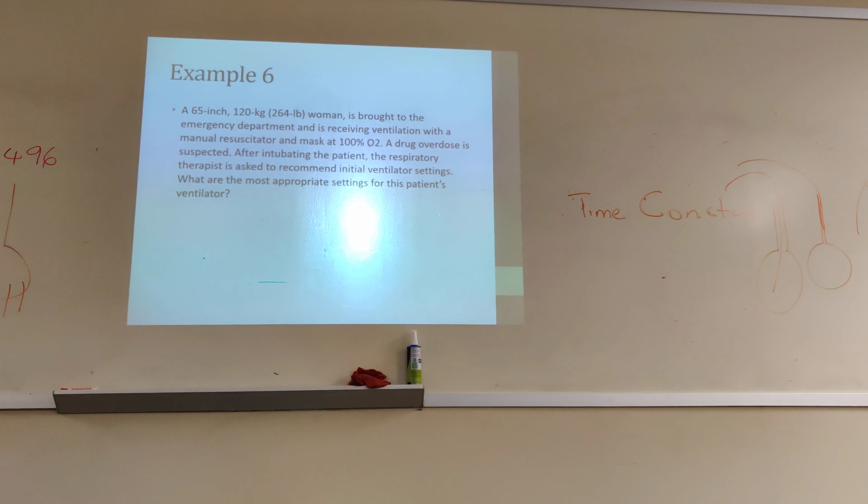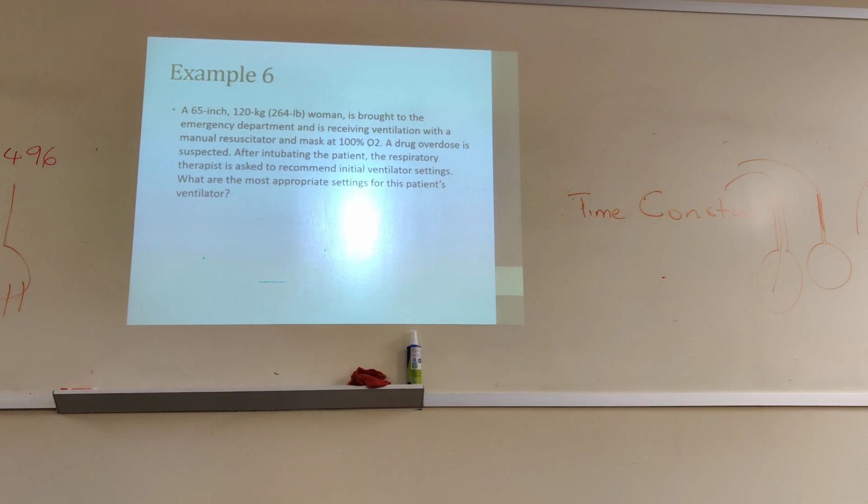Number 6, a 65-inch 120 kg woman is brought to the emergency department and is receiving ventilation with manual resuscitator and mask at 100%. A drug overdose is suspected. After intubating the patient, the respiratory therapist is asked to recommend initial ventilator settings.